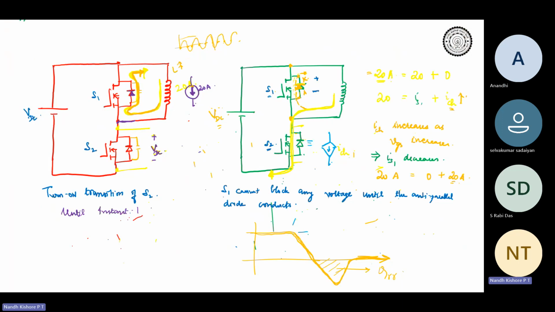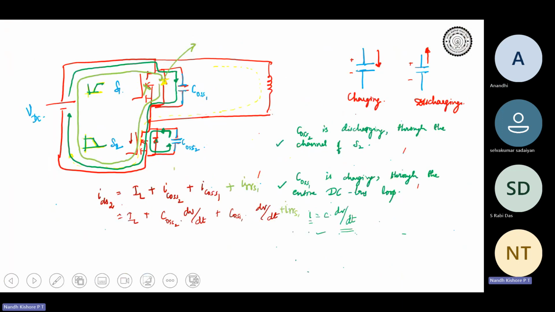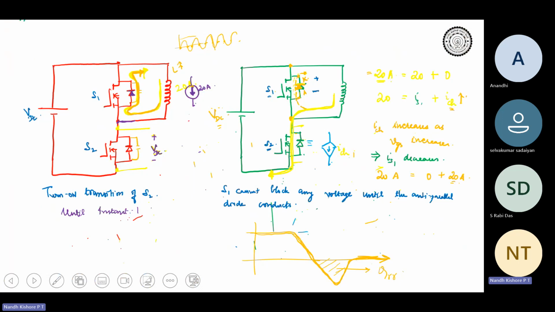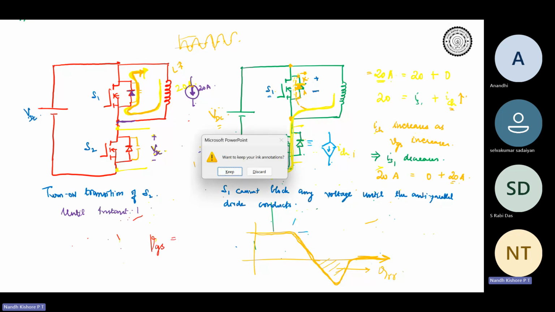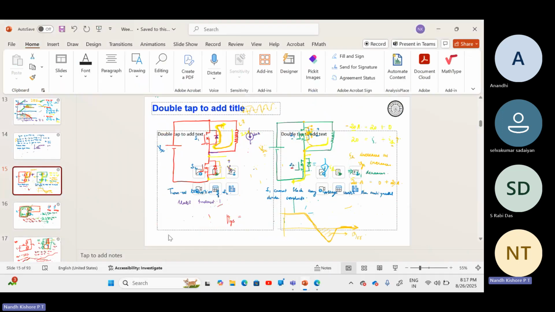Yeah, so this one you understand, right? Initially the entire current is flowing through antiparallel diode of S1. Now what's happening is you just turned on S2, right? So then what would happen? As you know, basically your VGS is now, okay, let me take another slide.